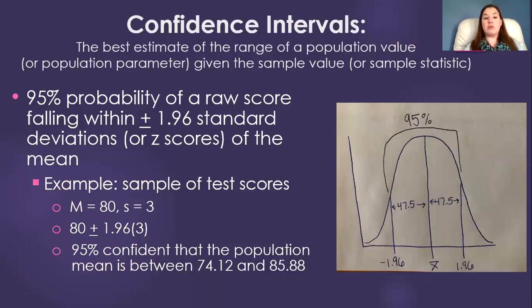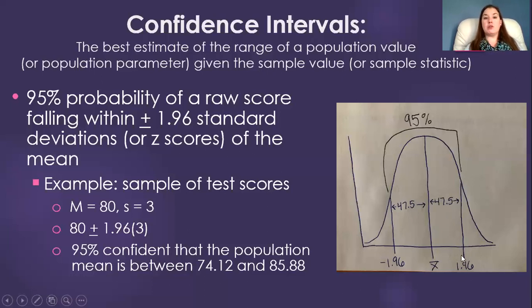So if we do the math, 1.96 times 3 plus 80 gives us 85.88. And then if we also do 80 minus 1.96 times 3, that gives us 74.12. So we can say we're 95% confident that the population mean is between this value of 74.12 and this value of 85.88.